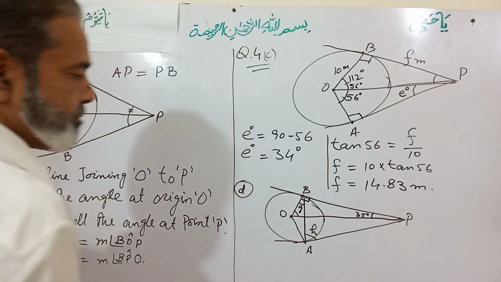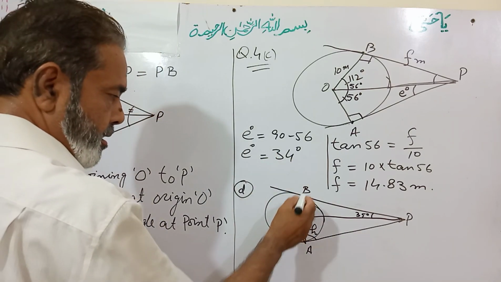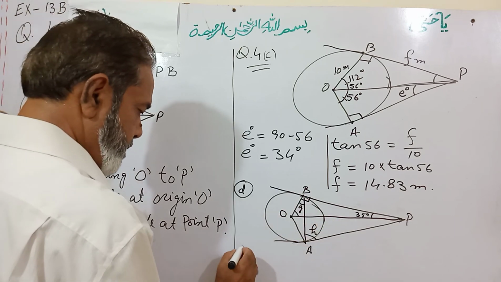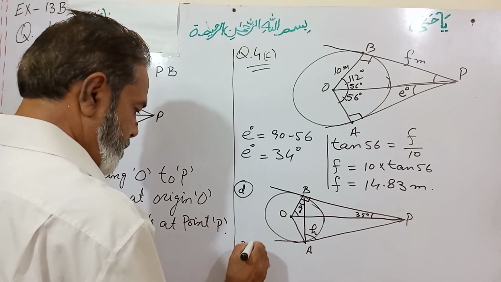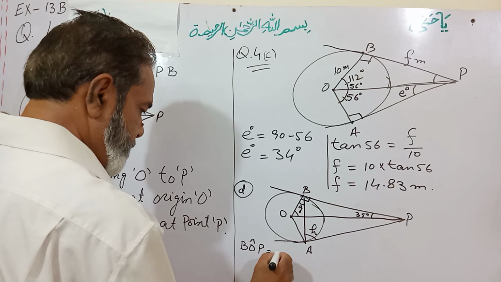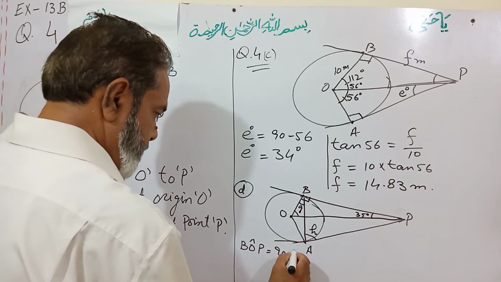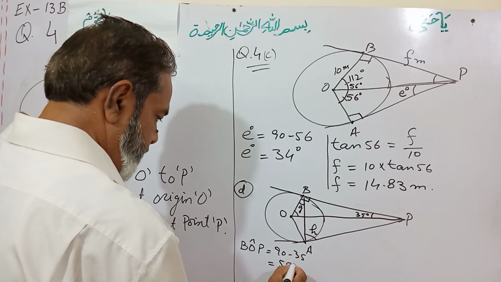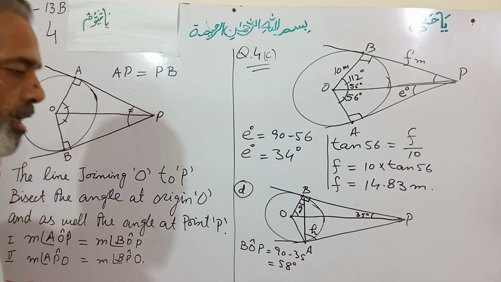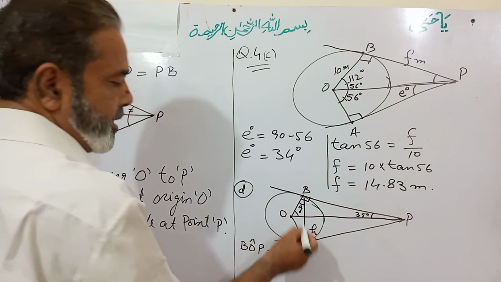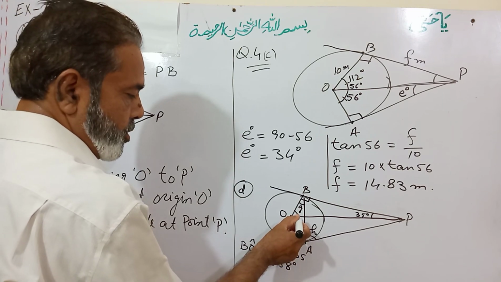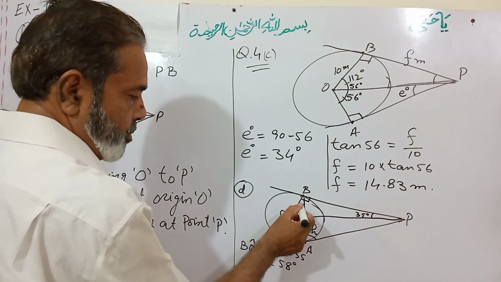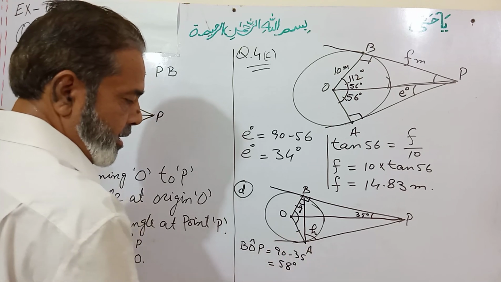So using angle BOP is equal to 90 minus 35, that is equal to 58 degrees. And you will know that this angle is bisected, and OB and OA are radius.